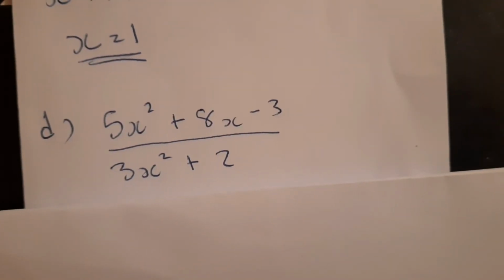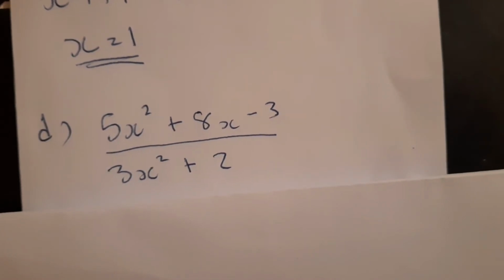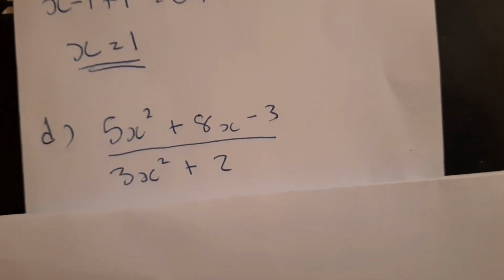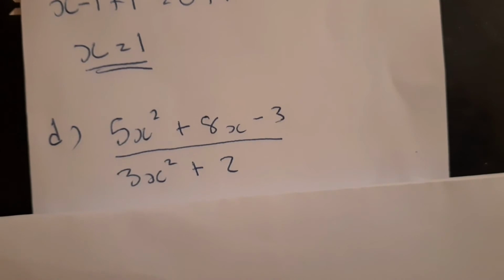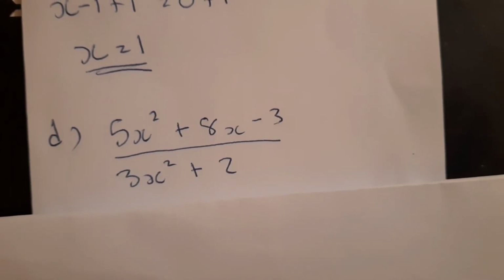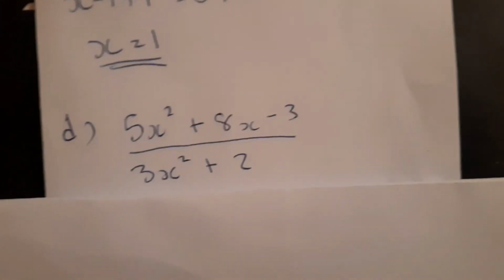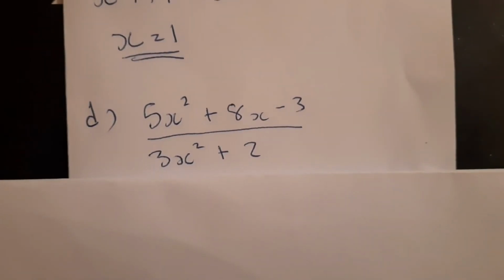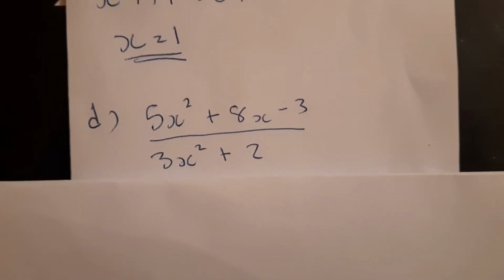For this question, based on the rules, it will not have a vertical asymptote, and it will also not have an oblique asymptote. It is extremely important to always remember the rules, but we can find the horizontal asymptote.